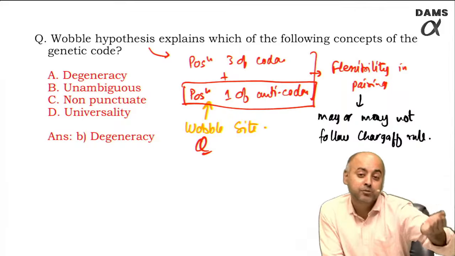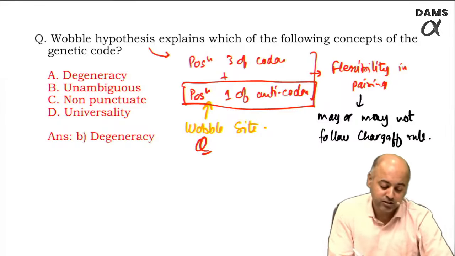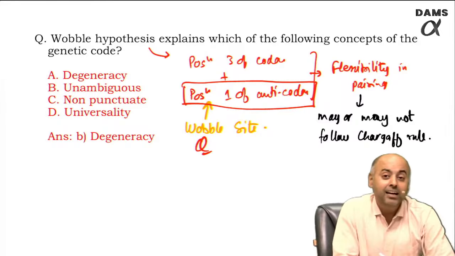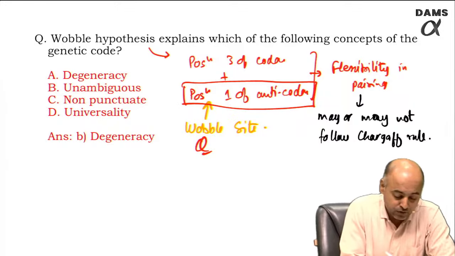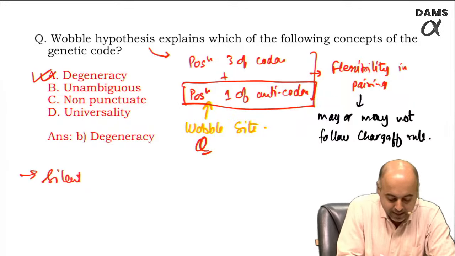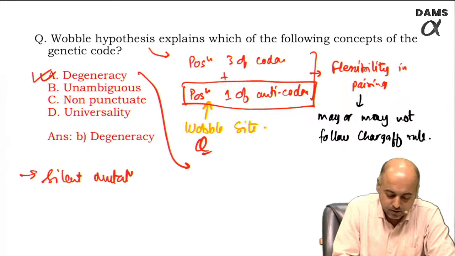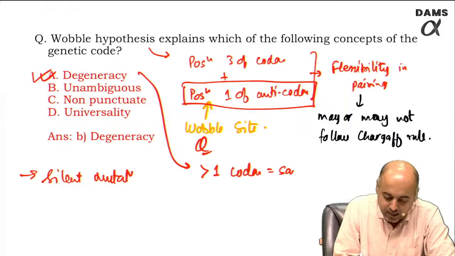It may pair as per Chargaff rule, it may not pair as per Chargaff rule. This wobble phenomena is responsible for degeneracy and also for what is known as silent mutation. Degeneracy means more than one codon for the same amino acid.